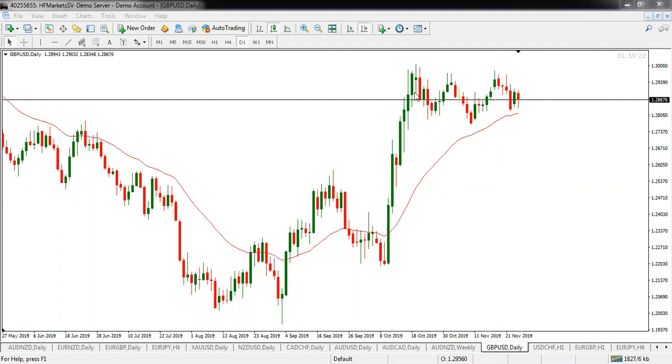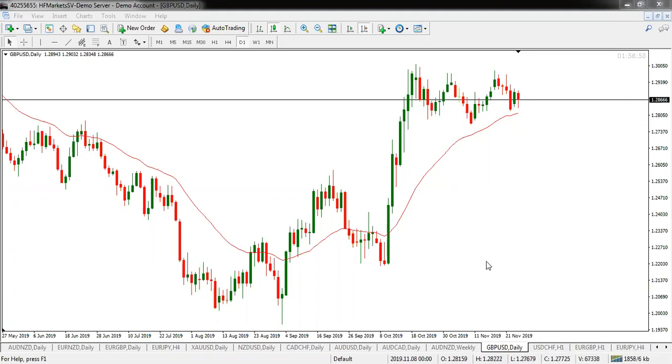This black line is the price, because price is currently 1.28676. So if price is above the EMA, this is the EMA, this is price, then we are in an uptrend. That is the quickest way to know it.